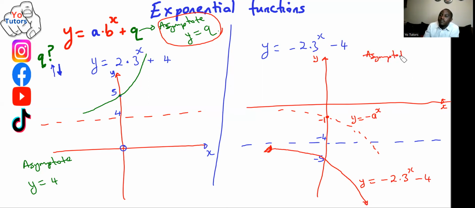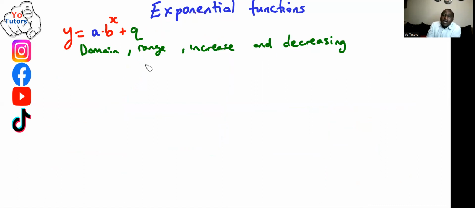The asymptote is y equals -4. That's what you need to remember there. Always, when you have this, that's your asymptote. Now let's move on to the domain, range, increase, decrease, and everything. The domain is the x values occupied by the graph, and this is your y values.